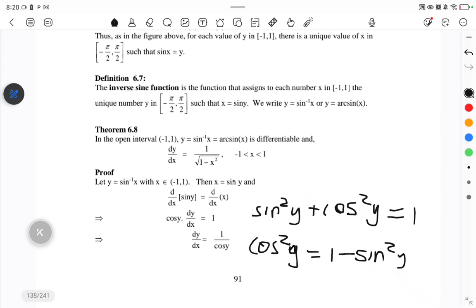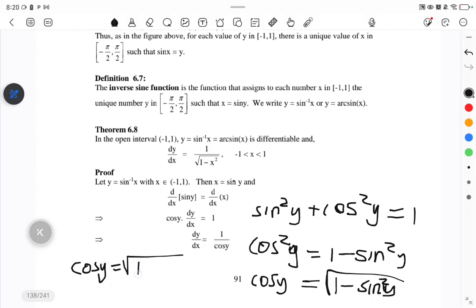And then if I root both sides, I'll have cos y, and I focus on the positive one. This will be root of 1 minus sine squared y. And what is sine y? Sine y is equals to x from there, right? So it means that cos y will be equals to root of 1 minus x squared. You see, right? That's why we have this 1 minus x squared in the denominator, which is the same as this.